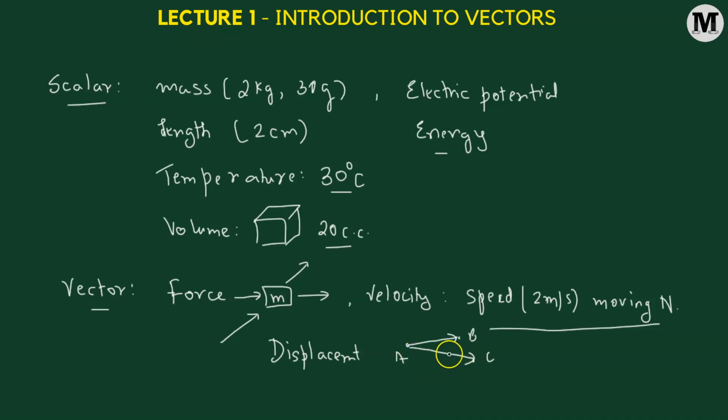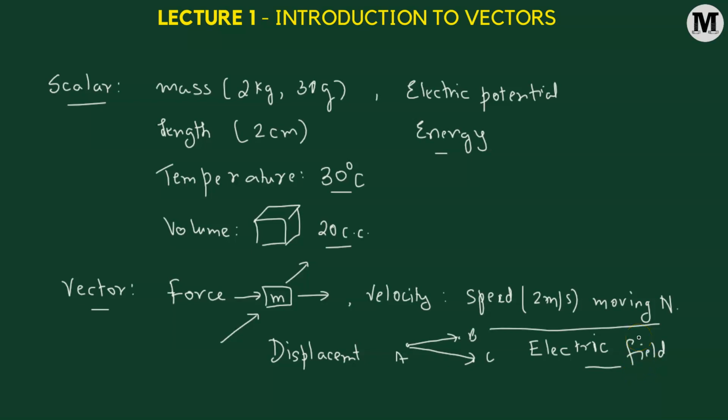So that means displacement is going to be a vector quantity. And in terms of electromagnetism, we have a quantity referred to as the electric field or electric intensity. Let's call it electric field for the time being. The electric field, as we will see later on, is going to be a vector quantity. So it has got a direction.